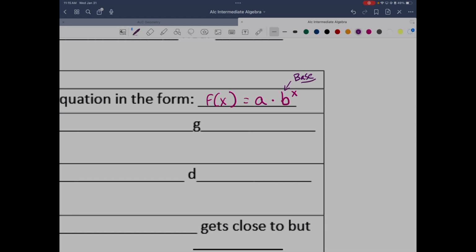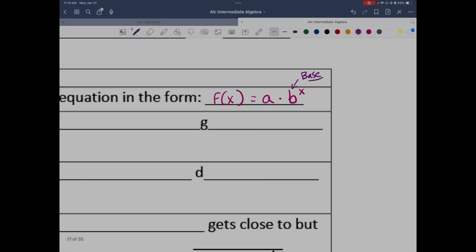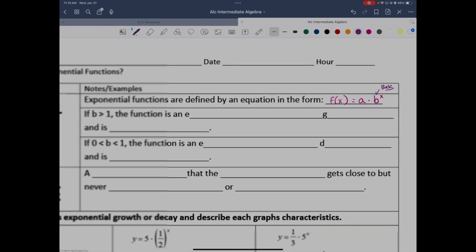And there are two types of exponential functions. The first one: if b is greater than 1, my b value, that base we talked about just a second ago, then the function is what we call exponential growth.